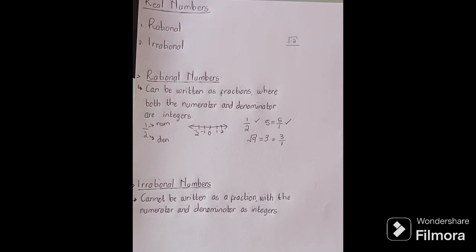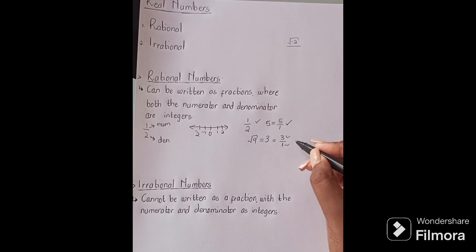Because it can be written as a fraction, that's condition number 1 passed. Condition number 2: are the numerator and denominator integers? Yes, yes. Therefore, this is a rational number. And that is how you classify rational numbers.